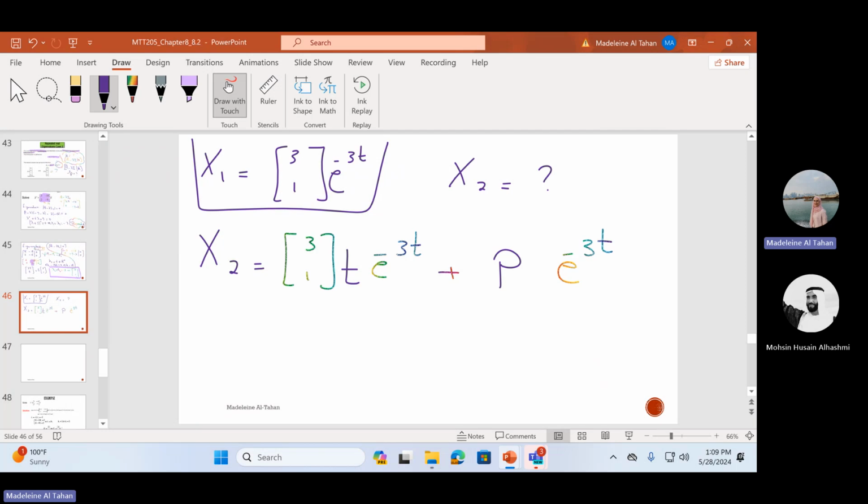What's the only thing that is missing here? What do we need to find? This one we need to find. So x2 we have it. The only thing that is missing in x2 to be completed is just this. So our aim now is to find it.